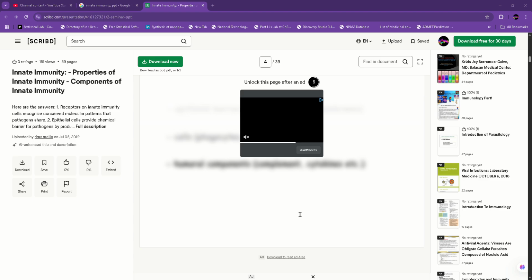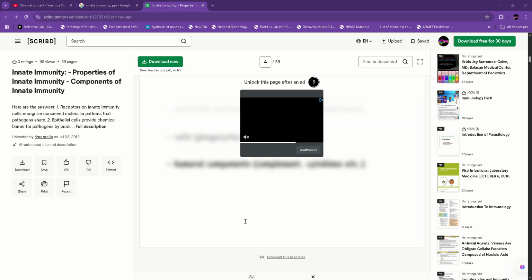Physiologic barriers. So body conditions and chemical factors that inhibit microbial growth, for example temperature. Elevated body temperature in case of fever or infection will inhibit pathogen growth, and low pH stomach acid destroys microbes, because in the stomach the pH will be about 2 or 1.